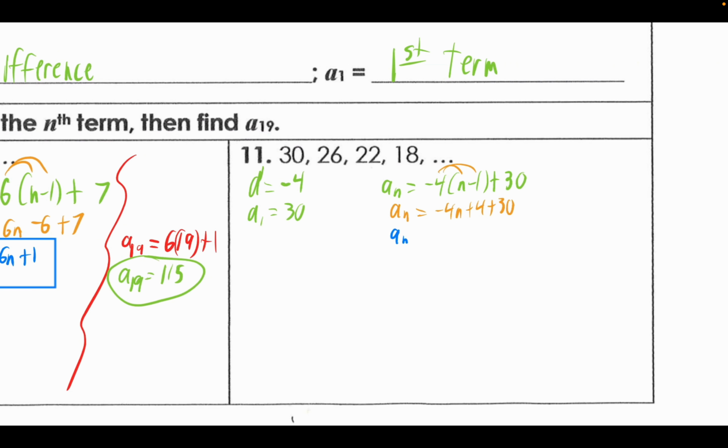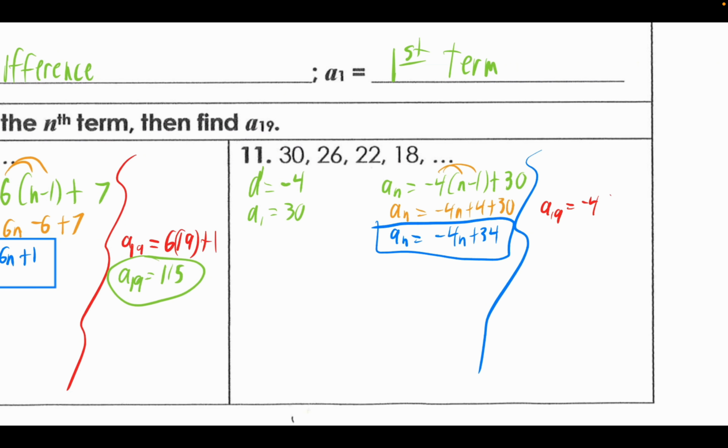Combining like terms on the right-hand side, a sub n equals negative 4n plus 34. So that's my rule for the nth term. And now I go ahead and apply this using the 19th term. So a sub 19 is equal to negative 4 times 19 plus 34. And so then we end up having this all equal negative 42.